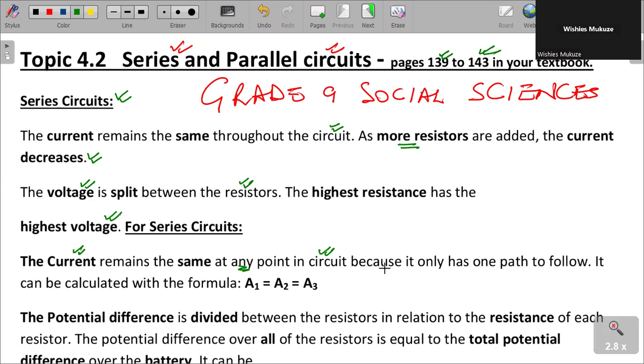Please note this: it can be calculated with the formula A1 equals A2 equals A3, because the current remains the same throughout the circuit as it flows through the same single path.